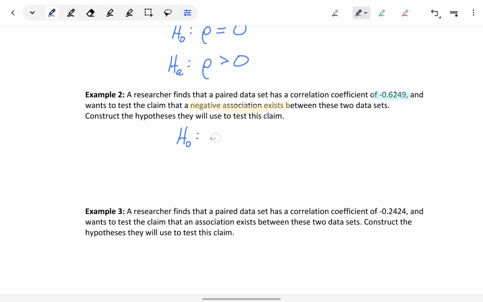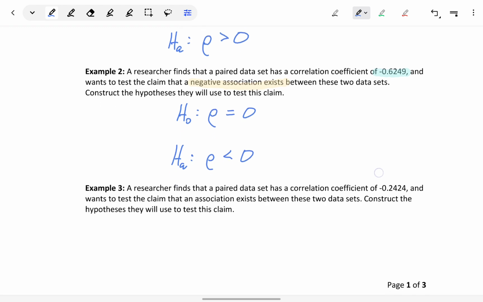So our null hypothesis would again be rho equal to 0, and our alternative hypothesis would be rho less than 0. Since the claim is that a negative association exists, we want to see if there's significant evidence to draw the conclusion that the population correlation coefficient is less than 0.